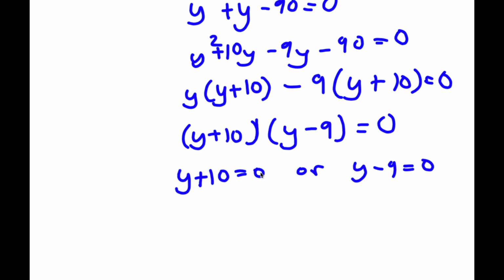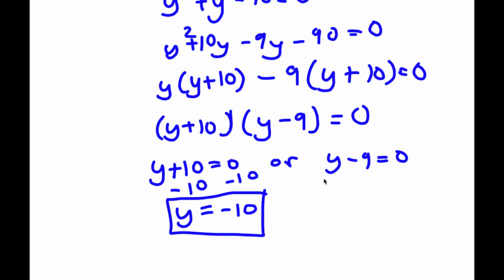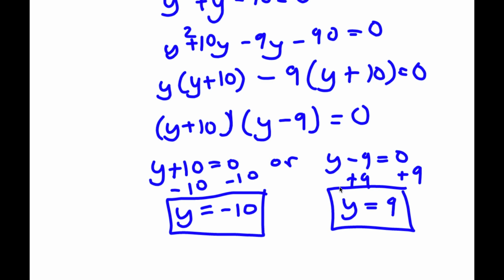Let's first start with y plus 10 equals 0. All I have to do is subtract 10 on both sides, and I get y is equal to negative 10. So this is one solution. Now for y minus 9 equals 0, if I add 9 on both sides, I get y is equal to 9. So this is another solution.